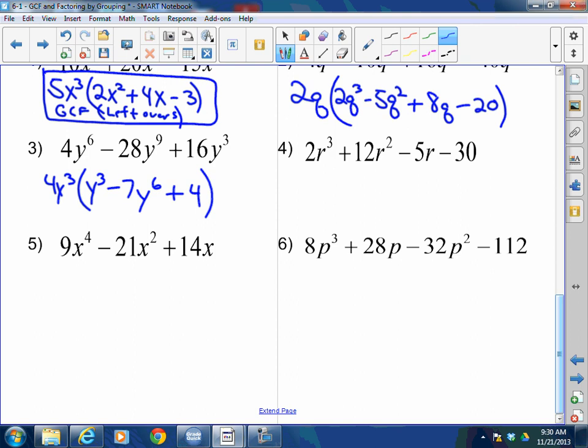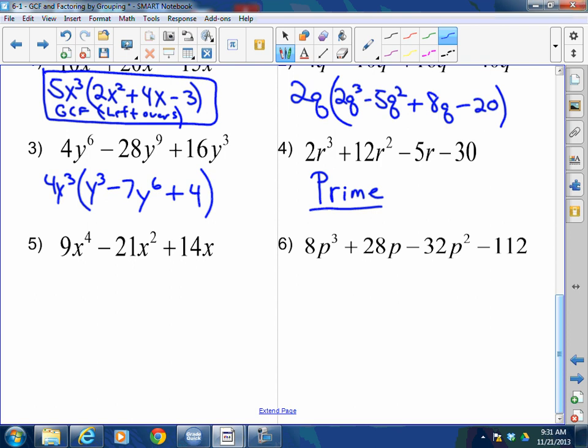Okay, number 4. What's the GCF, y'all? No, R is not the GCF. 2. No, 2 is not the GCF. So this is called prime. If I can't factor out a GCF, it's prime, y'all.